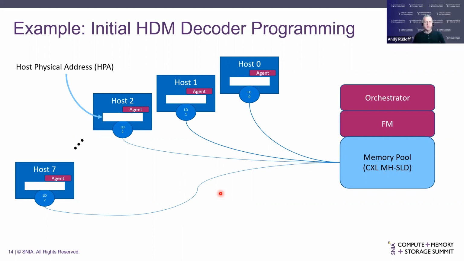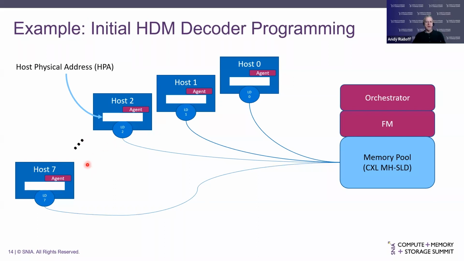We want some uniformity there so that software doesn't have to be rewritten for every vendor's device. So that generic driver at the beginning of time finds the device and maps it into the physical address space. As I said before, this is unpopulated. So this is the potential amount of capacity a memory pool might give to this device.